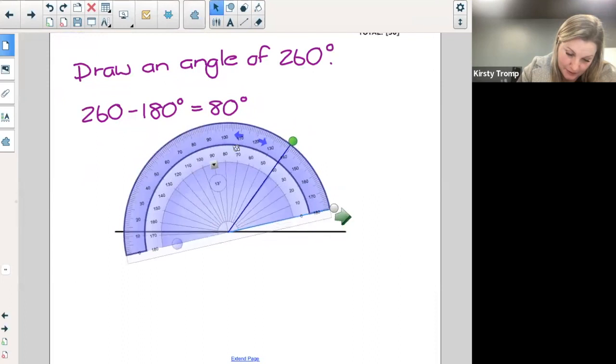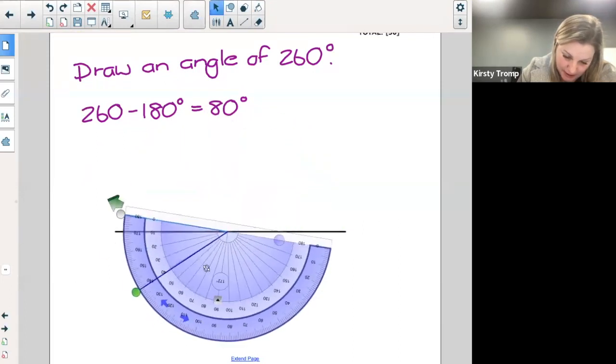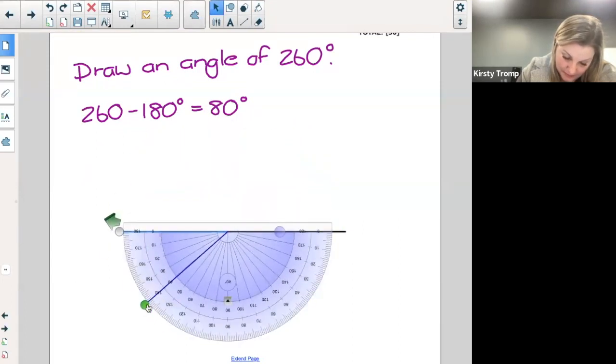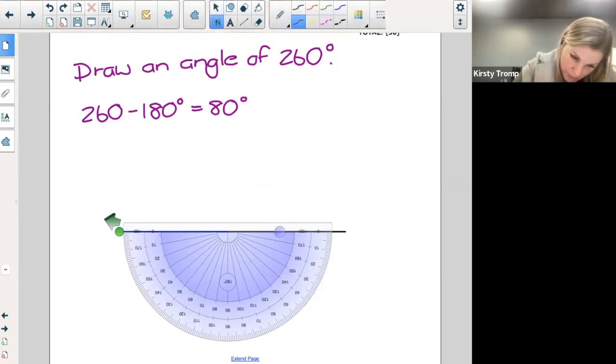So that means that's 180 degrees, and we're going to go from 0 all the way to, oh dear, 80 degrees.